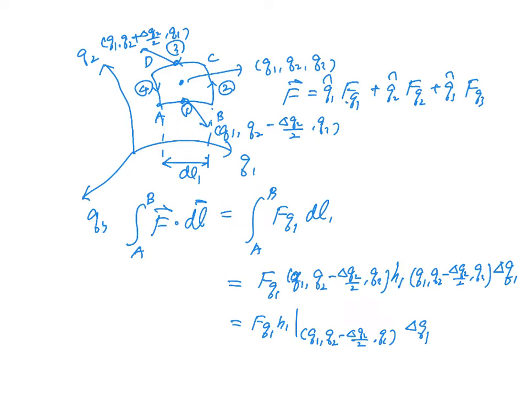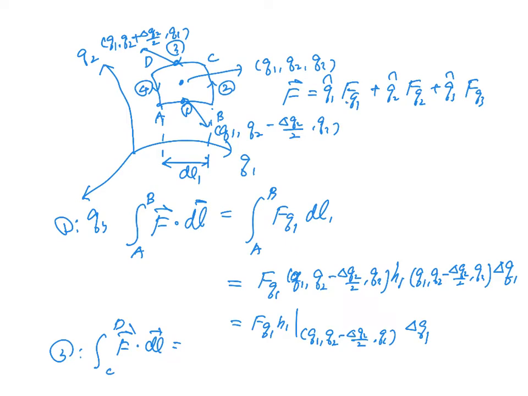On the other hand, 3 is the integral from C to D of f dot dl. But on this side 3, the direction is opposite to 1, right? So the direction is the minus q1 direction.